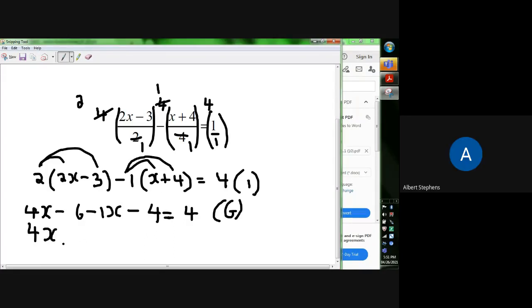Hold on, question. The minus 1x that you're saying, is it this minus I'm using? No, sir, the negative sign beside it. It's a 1 right here, right? Very good, and I want you guys to pick up on that. Then you're going to have negative 6, negative 4, equal 4.